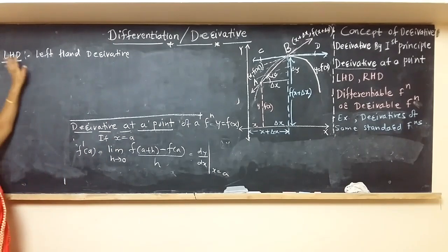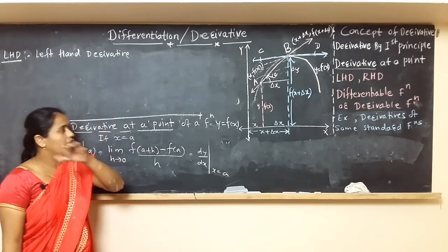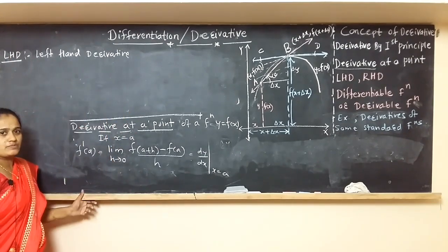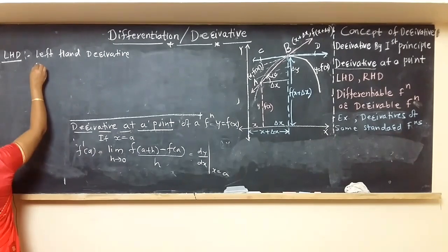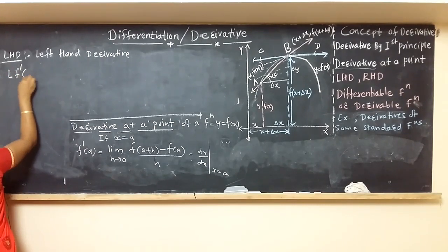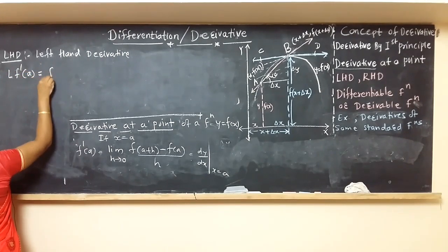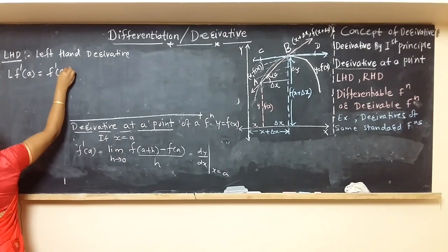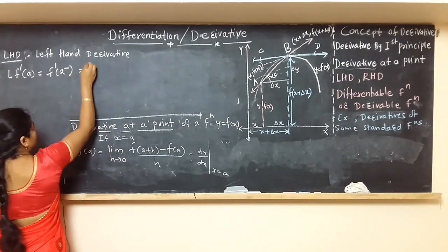So where their left hand and right hand derivative are needed in terms of piecewise functions, the left hand derivative denoted by L of f dash of a, or simply f dash of a minus.